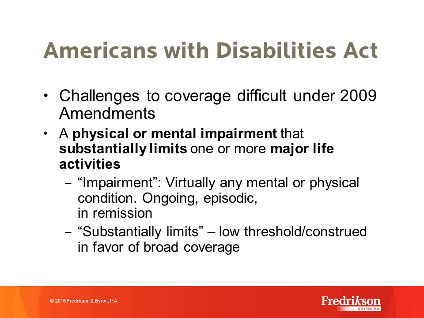The ADA has extremely broad coverage, and as we all know, in particular since the 2009 amendments to the statutory scheme, challenges to coverage under this law are extremely difficult. As a result, and as a practical matter, employers can pretty much assume that most physical or mental impairments are going to be covered by the ADA.